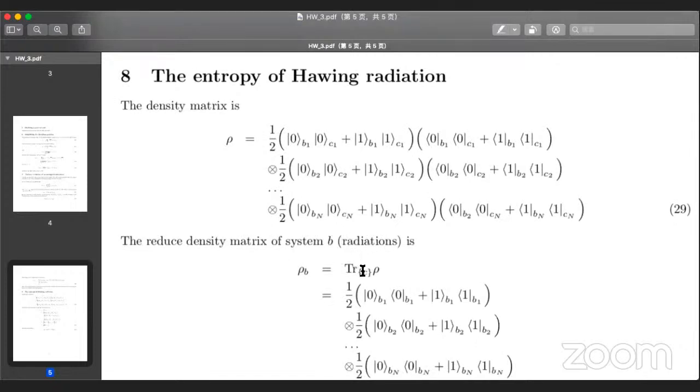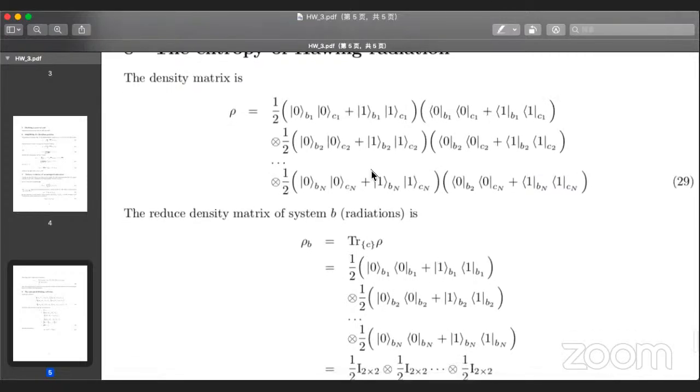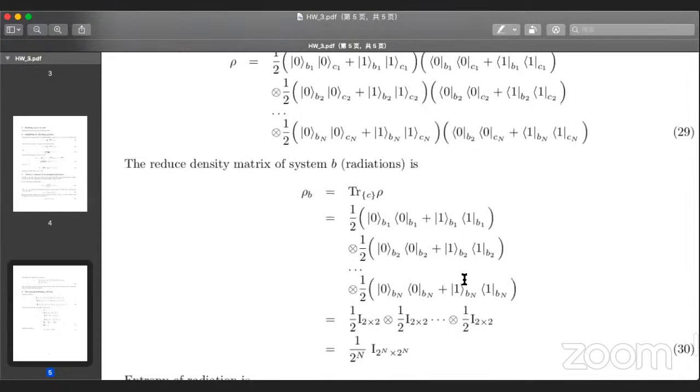We can trace over the particles, the system C, the inside black hole part of the partners. By tracing over C, for the first term, we will have a product between this term and this term. So we get 0, 0, and this term gets 1, 1. So we can get the reduced density matrix for the radiation.